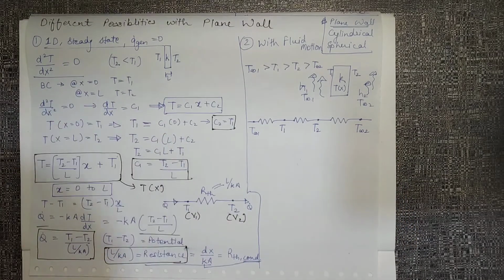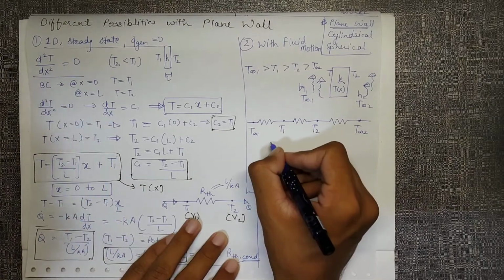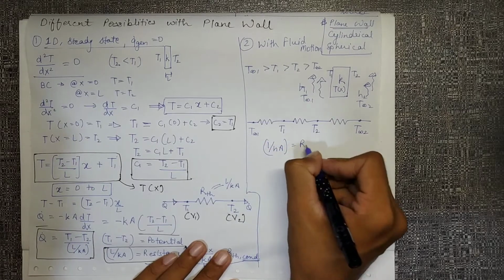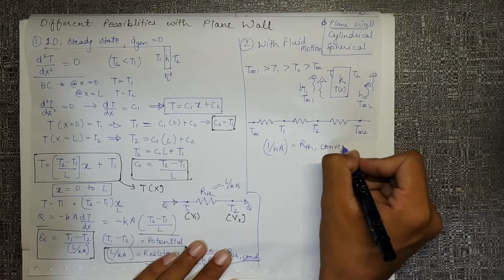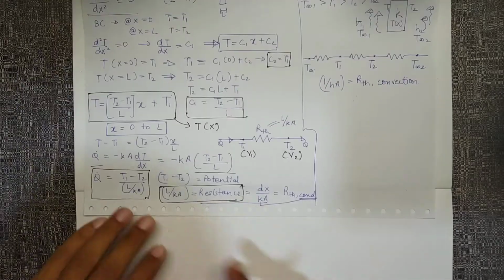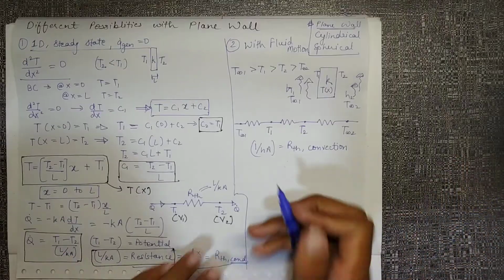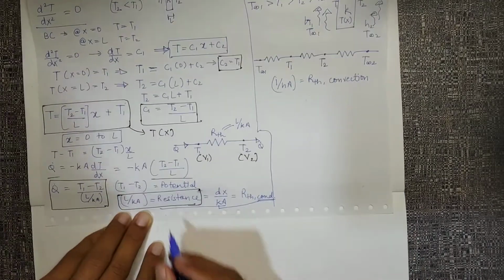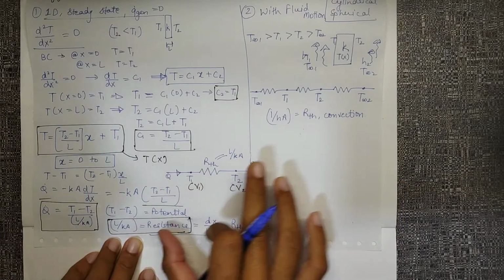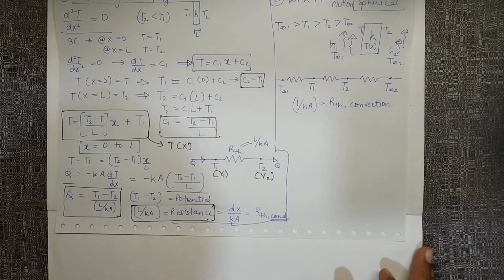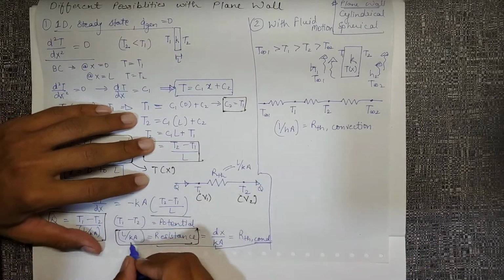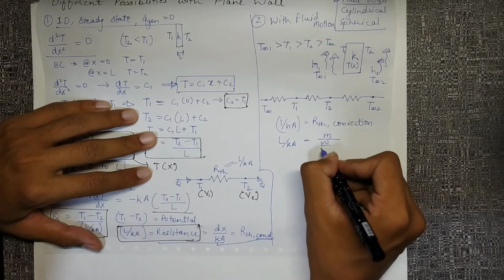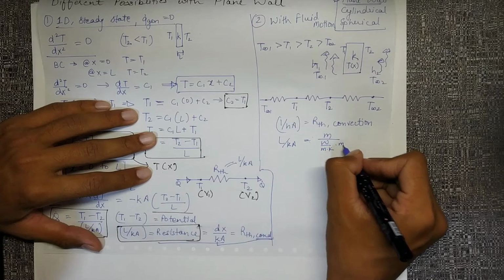When we are looking at a convection problem, the equivalent resistance is 1 by HA. This is the resistance for the convection case. We have already known that for the conduction case the resistance is L by KA. Now let's look at the units. The units for resistance should be equal every time. Taking L by KA first, L has units of meter, K has units of watt per meter Kelvin, and area has units of meter square.